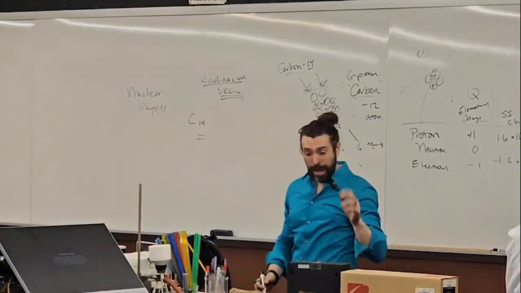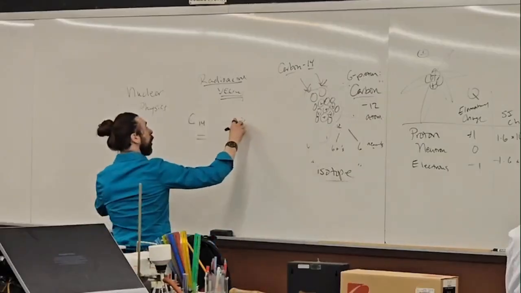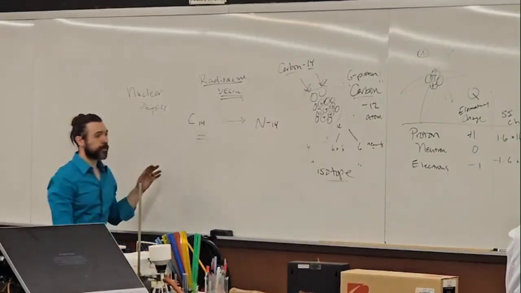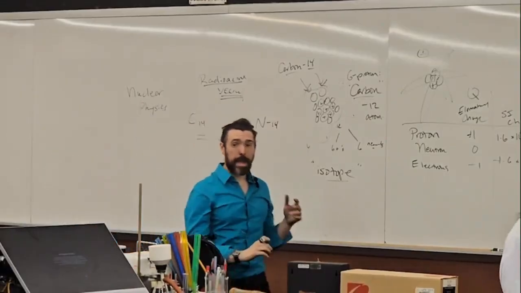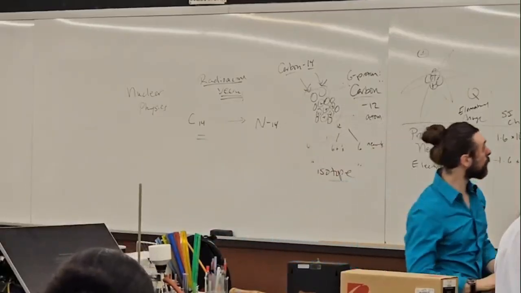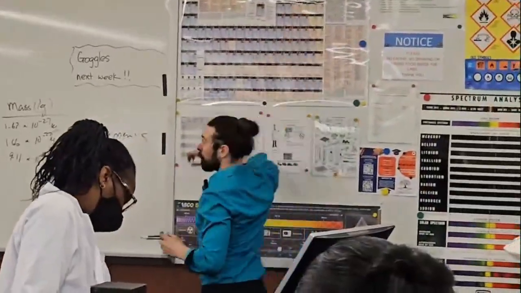And so the actual reaction here is from carbon-14 to nitrogen-14. Nitrogen is another element on the periodic table. You can look it up right here. 6 is carbon, 7 is nitrogen.